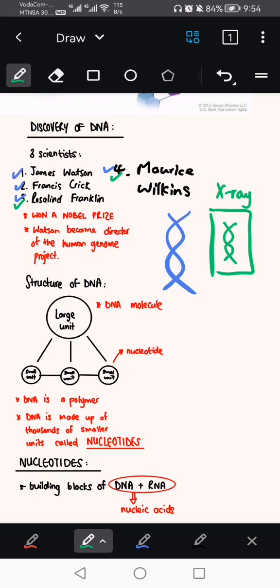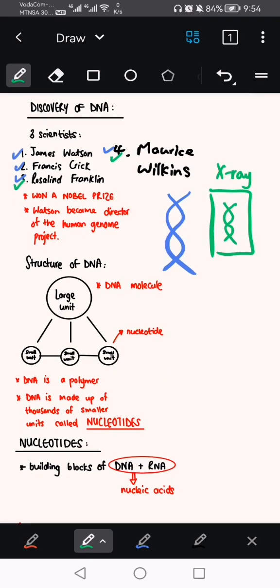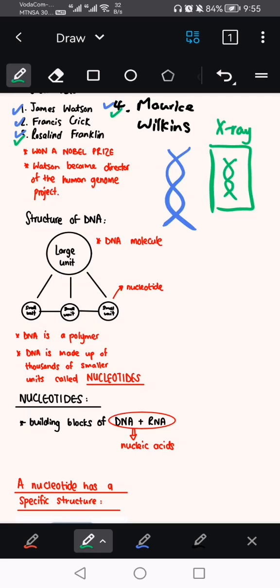When they discovered the X-ray of DNA, Maurice Wilkins decided to give it to Francis Crick, and then James Watson and Francis Crick decided to make the double helix structure of the molecule. Right, that's how the story goes. Ultimately, they are only supposed to accept James Watson and Francis Crick, but because of the 2024 national senior certificate examinations, they are now accepting all four when they ask who discovered the structure, and only two when they ask who took the X-ray. So please be able to differentiate in your question between the two.